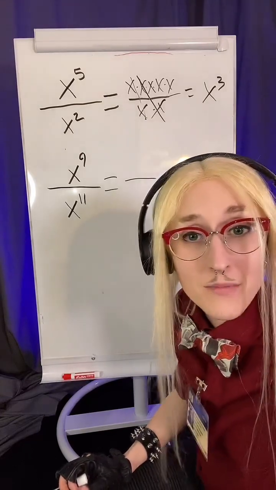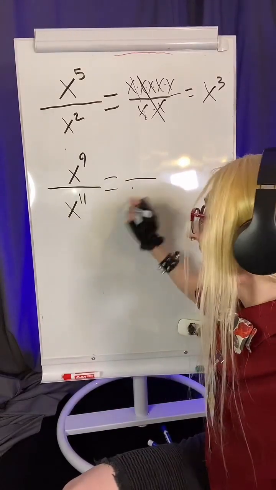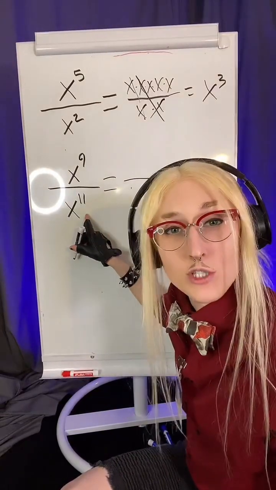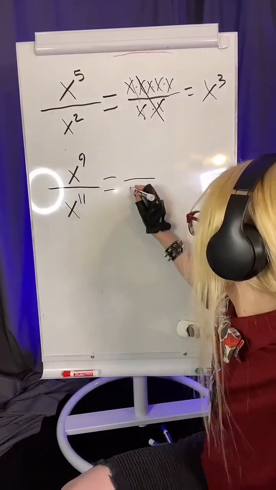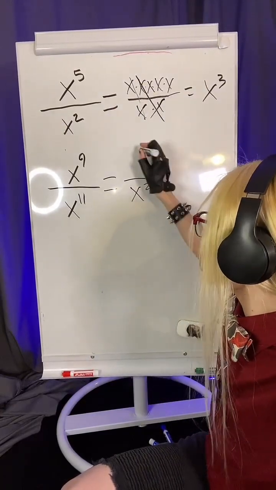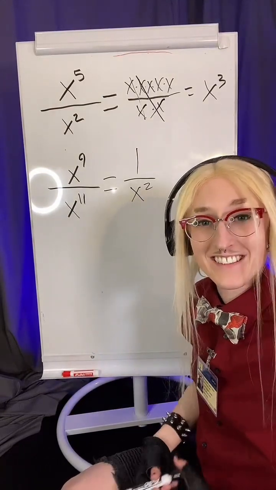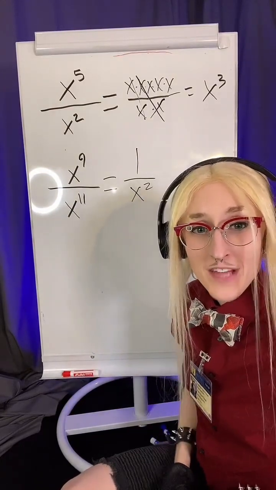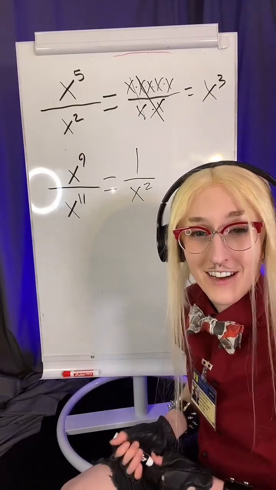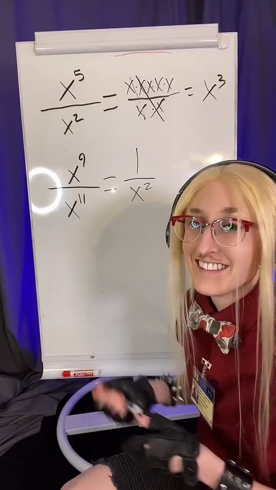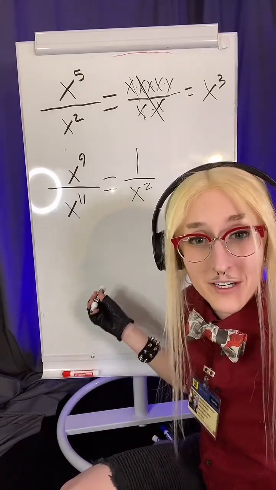No, that's 2. I can do math. Look, I'm great. And those leftover 2 x's should be on the bottom, right? Because that has the most. So, x to the power of 2 over 1. There we go. Nice. So that makes our life a lot simpler.